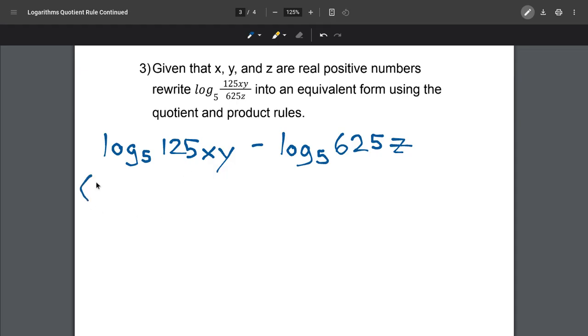So I'm going to change this first part to log base 5 of 125 plus log base 5 of x plus log base 5 of y.